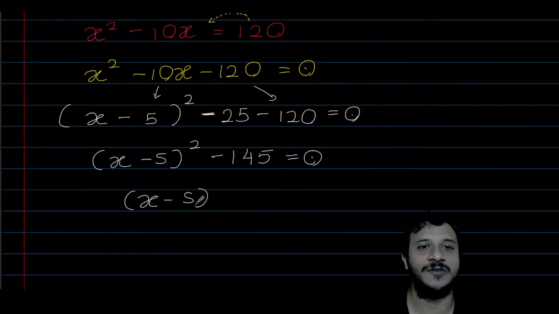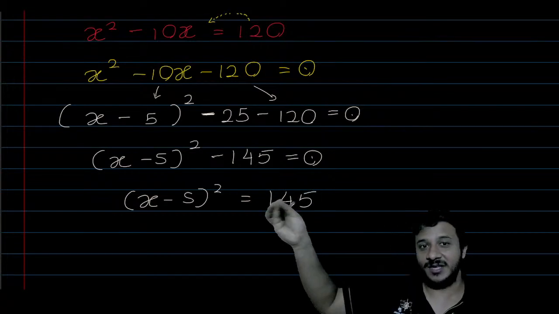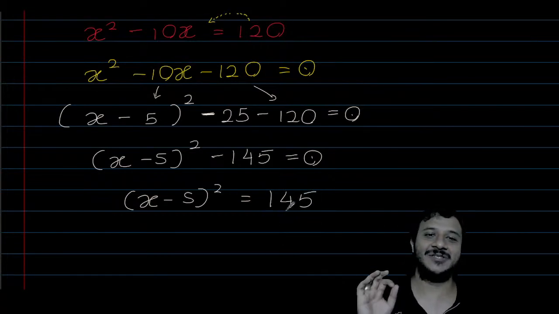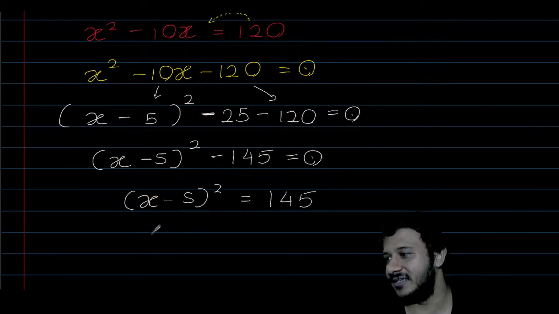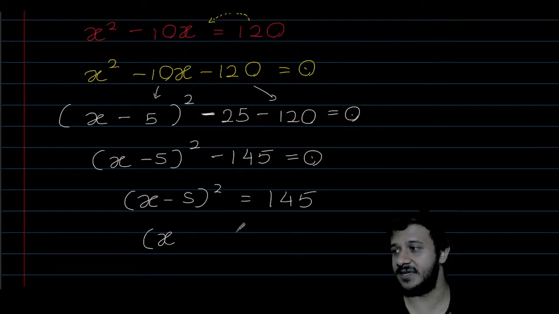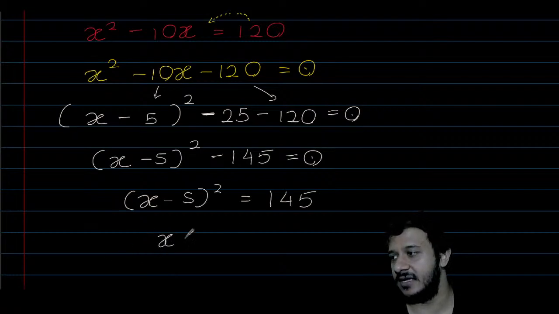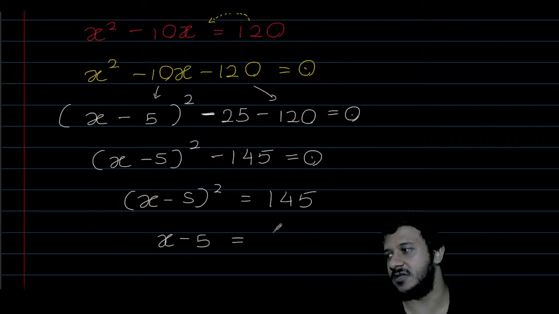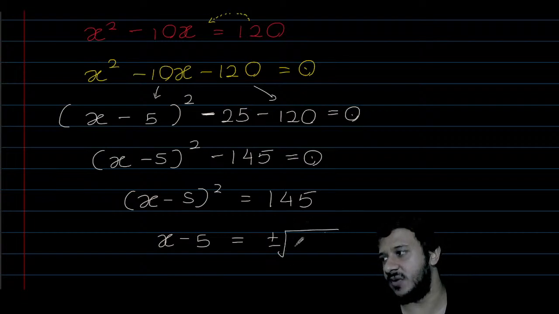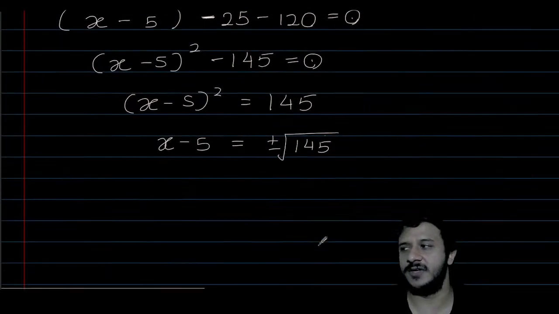So x minus 5 squared will be equal to 145. The square comes to the other side as plus or minus square root, and that will give us x minus 5 by itself. X minus 5 is equal to plus or minus square root of 145.